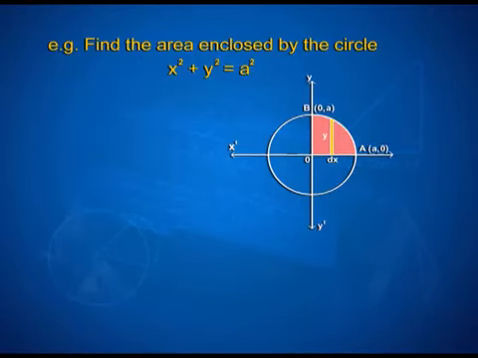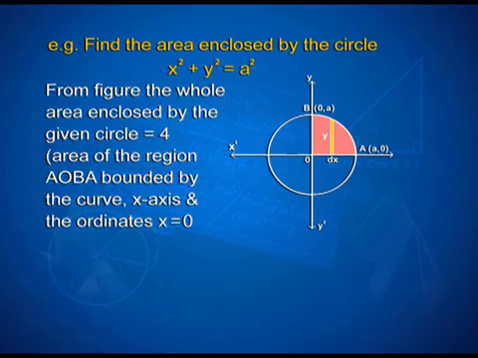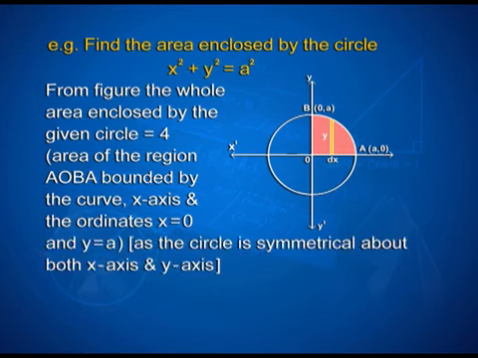Now, let us solve an interesting example. Find the area enclosed by the circle x square plus y square is equal to a square. For the solution, from figure, the whole area enclosed by the given circle is equal to 4 into the area of the region AOB bounded by the curve, x axis and the ordinates x is equal to 0 and x is equal to a.